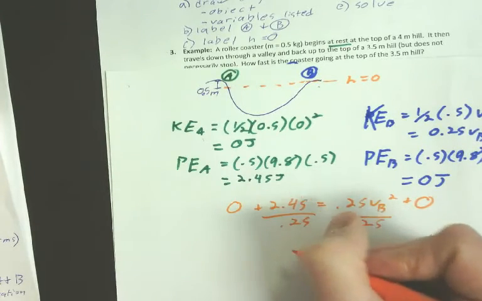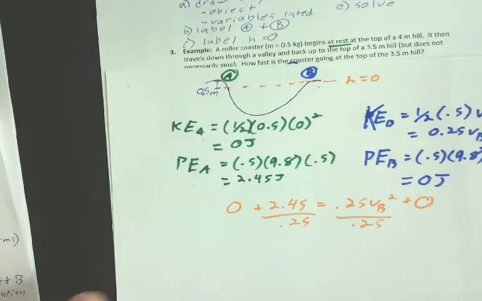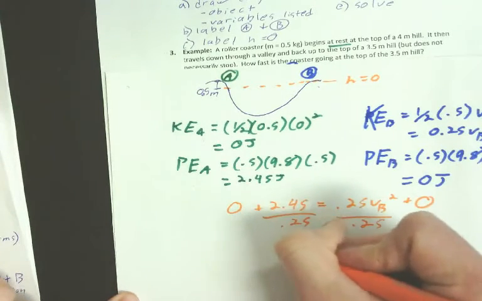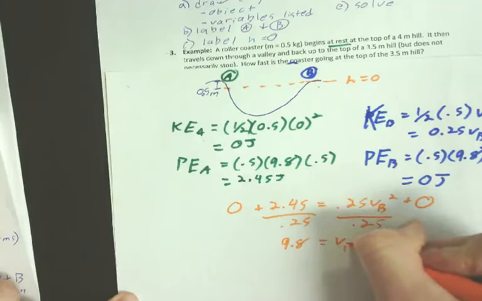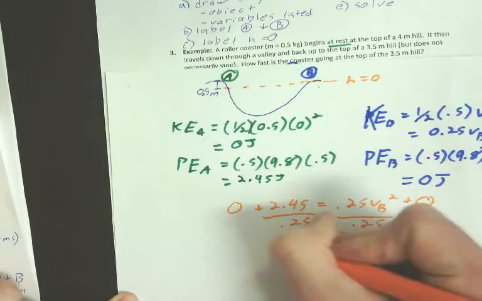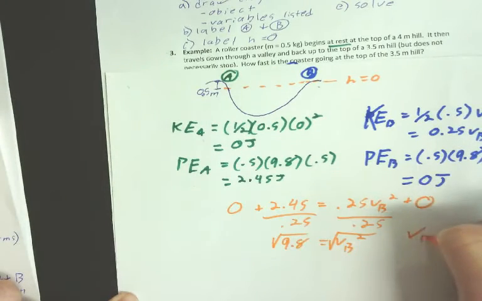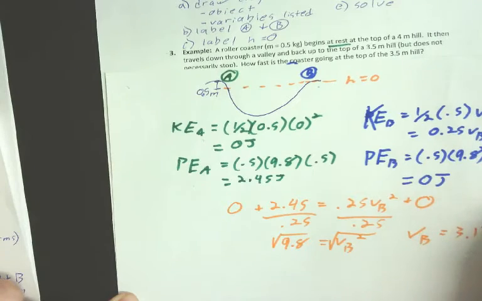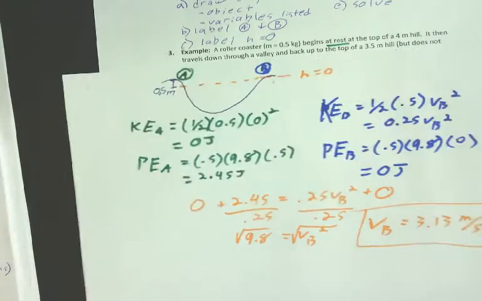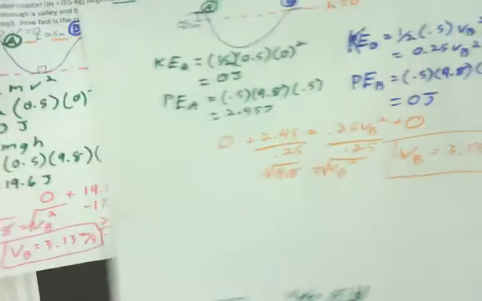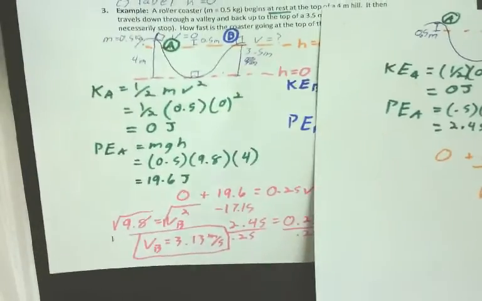That gives me 9.8. Square root both sides. And it's the same answer. 3.13, 3.13.